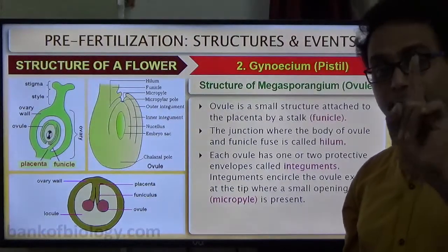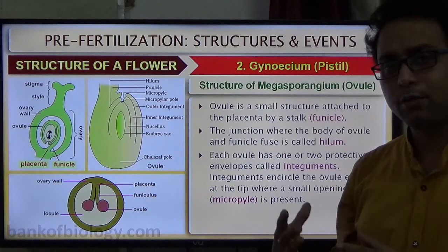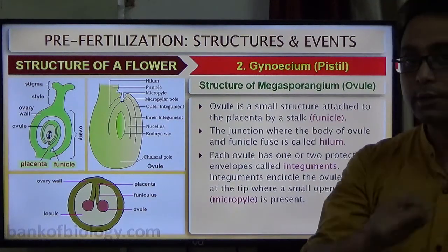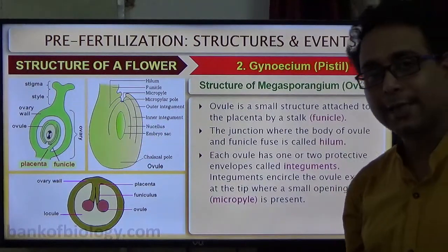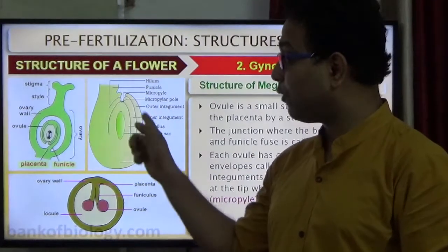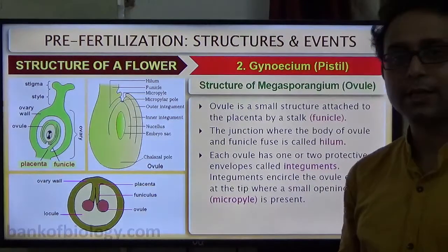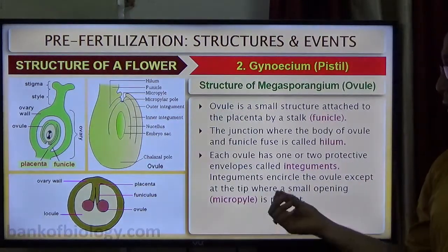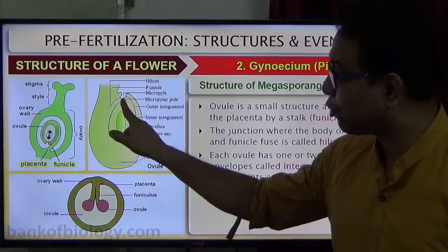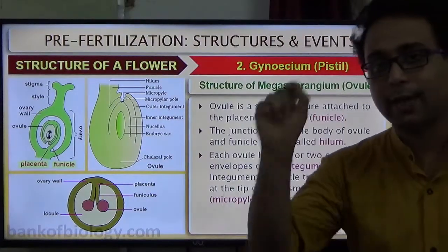It is called the micropylar end. Why is the integument absent at the micropylar end? Because from that particular site the pollen tube enters. If it is covered with the integument, the pollen tube cannot enter into the embryo sac. So that is a very important junction point, the micropylar end, where the integument is absent.